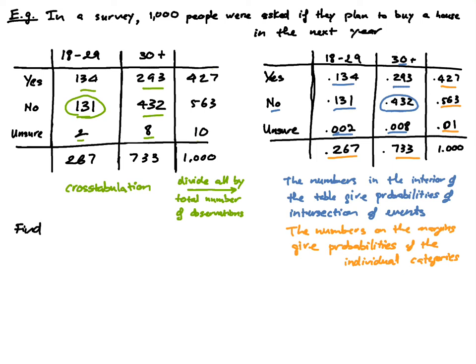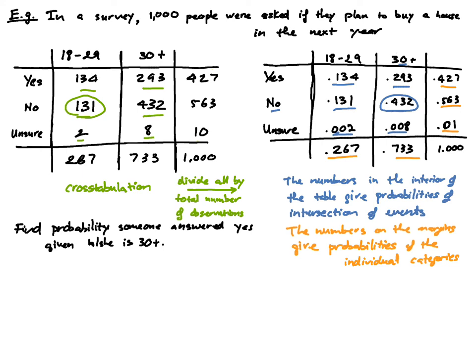Let's find the probability that someone answers yes given the fact that he or she is older than 30.